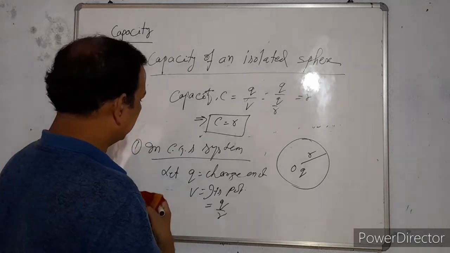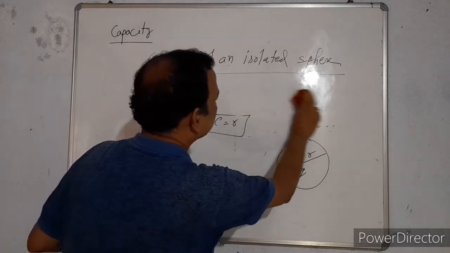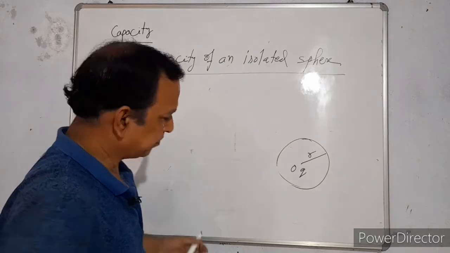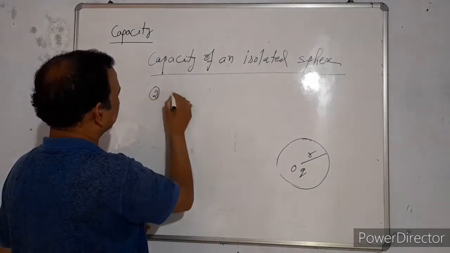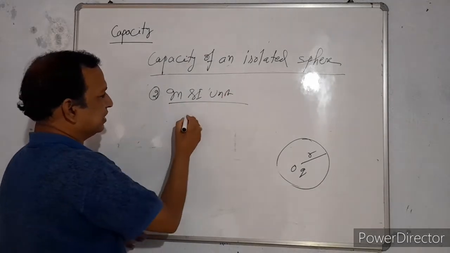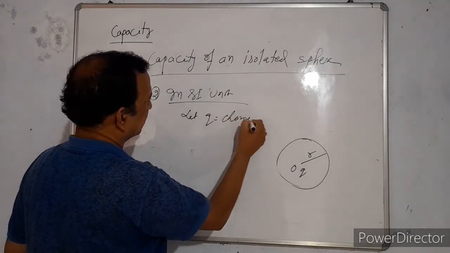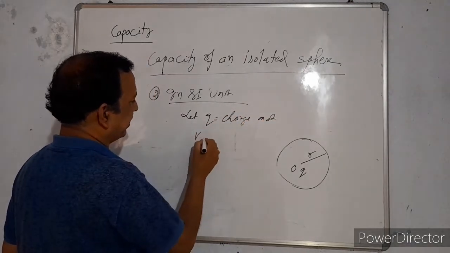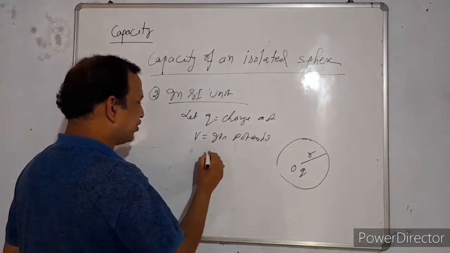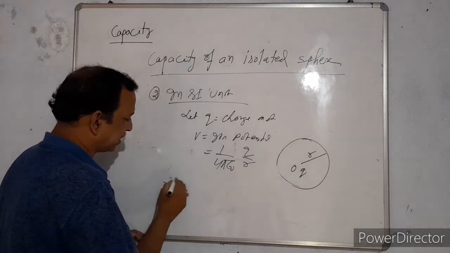In SI unit, Q is the charge on it, V is its potential, that is equal to 1 by 4 pi epsilon 0 Q by R. So what is capacity?